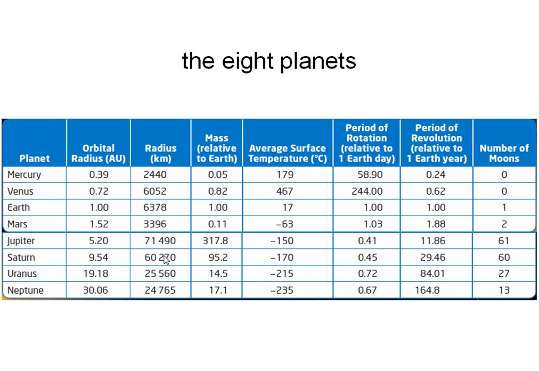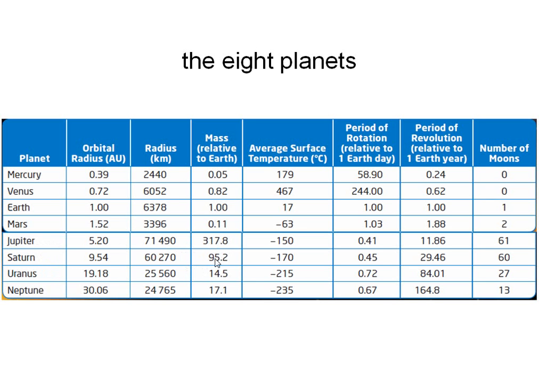Then how about the volume? Volume is 1,000 times greater. However, the mass is not 1,000 times heavier because this is gas. They are gas giants, so the density is lower. So the mass is just 300 times greater than Earth.